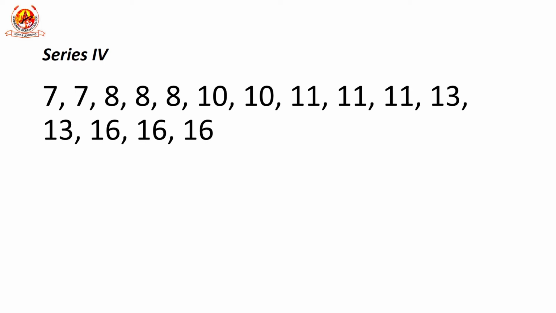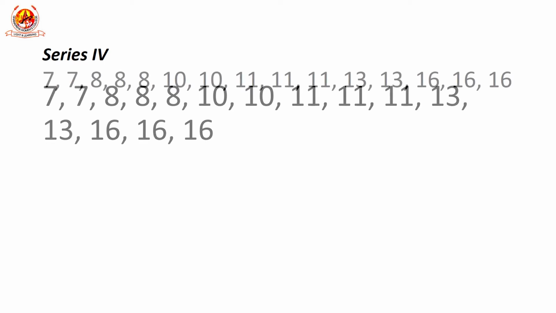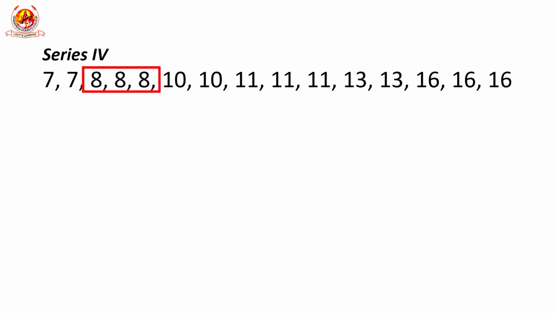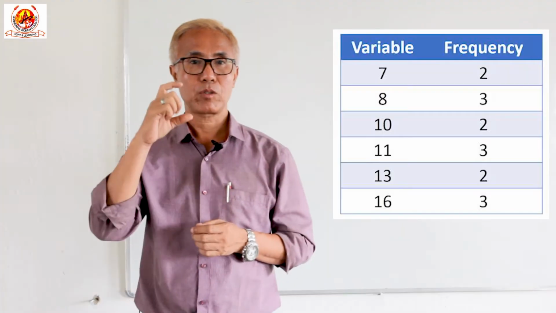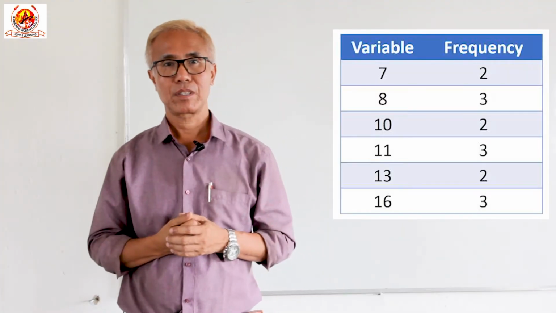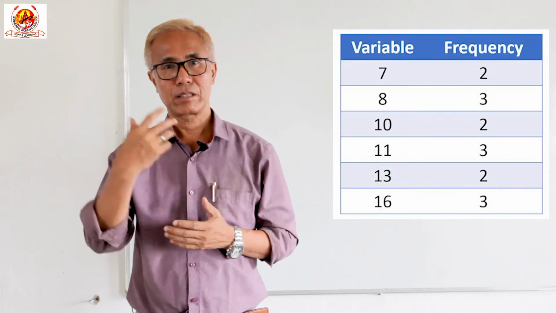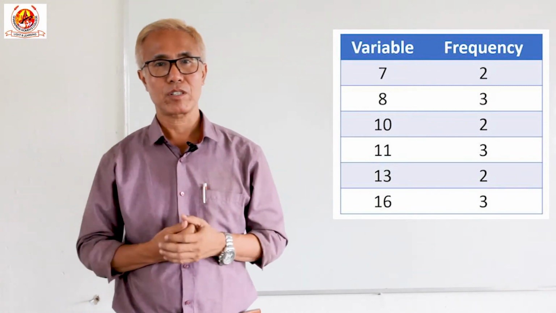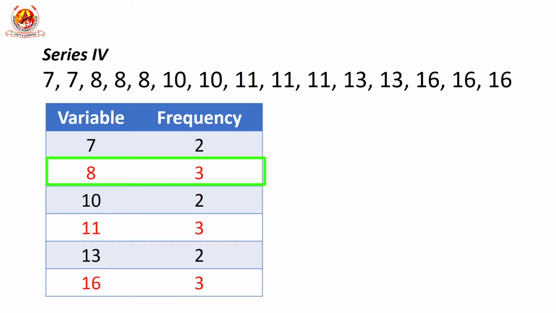Let's take a look at this condition. Here 7 is occurring 2 times, 8 is occurring 3 times, 10 is occurring 2 times, 11 is occurring 3 times, 13 is occurring 2 times, and 16 is occurring 3 times. If we have to find the mode, we have to search for the highest frequency. 3 values have the highest frequency: 8, 11 and 16 are each occurring 3 times.